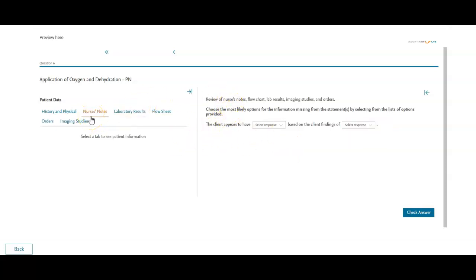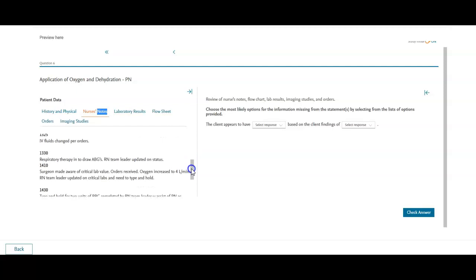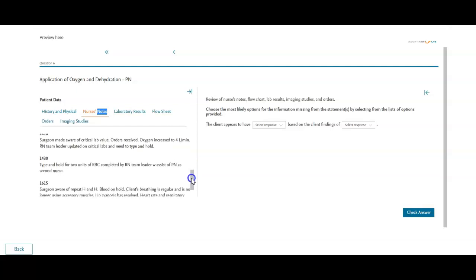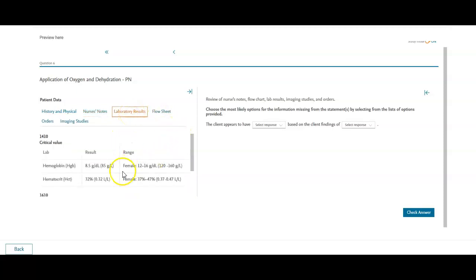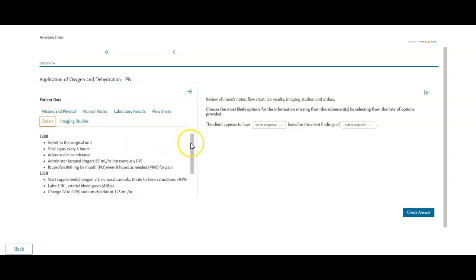So based on the information that we have in our nurse's notes, lab results, imaging, and orders, what do we think is going on?